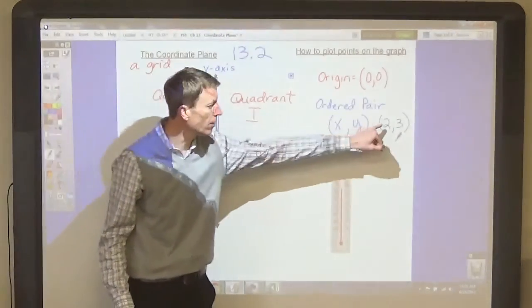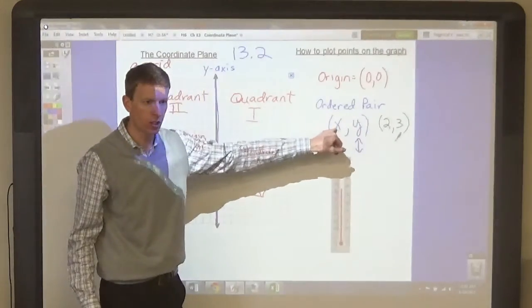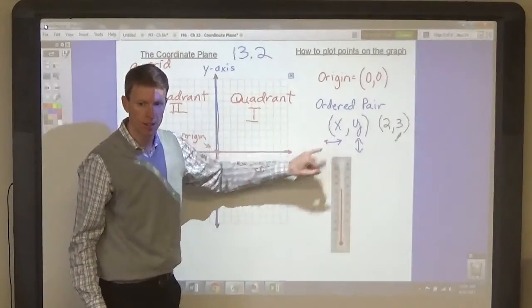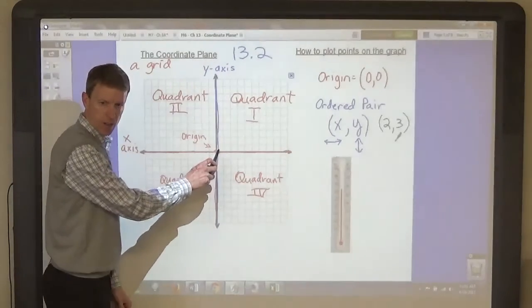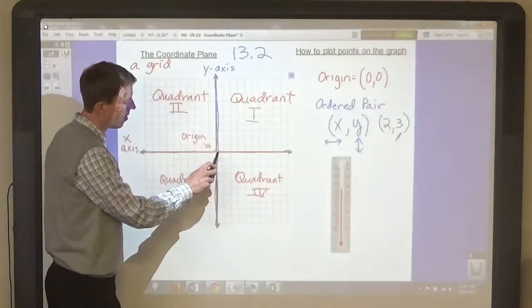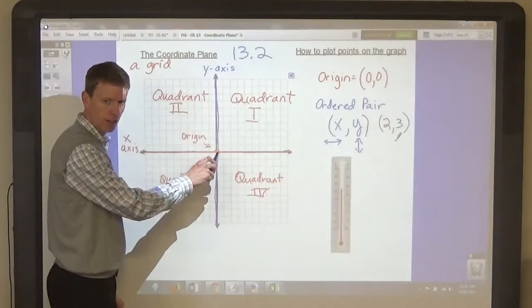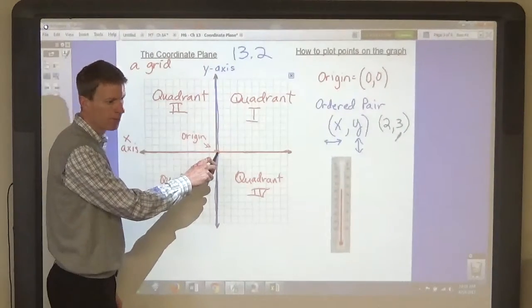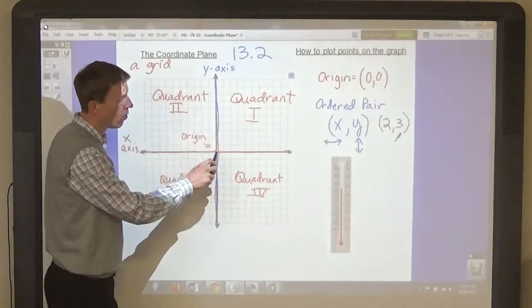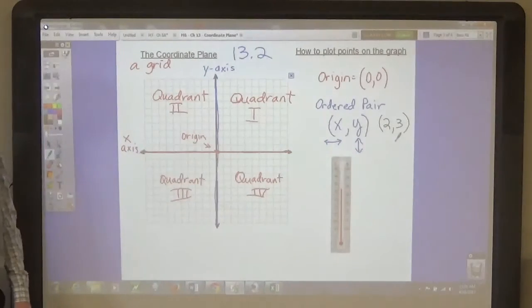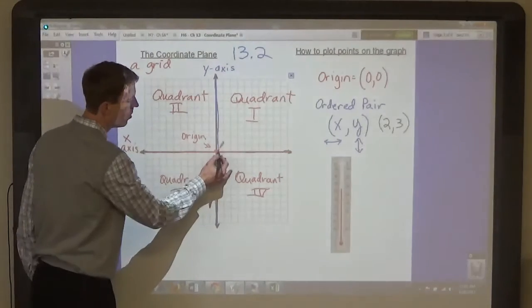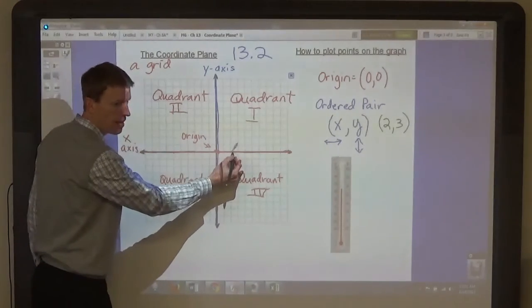The first number tells you always how far to go right or left on this line. So starting at the point called the origin, this is 0, 0, we would go as far as it tells us on the x-coordinate. So if the x-coordinate is a 2, we would go 2 to the right because it's a positive 2.